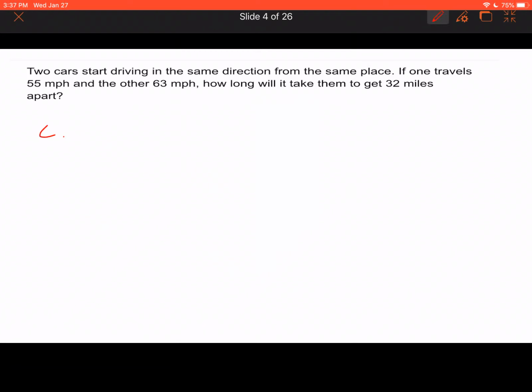Two cars start driving in the same direction from the same place. If one travels at 55 miles per hour and the other at 63 miles per hour, how long will it take for them to be 32 miles apart?